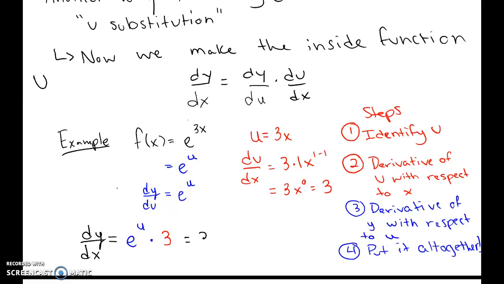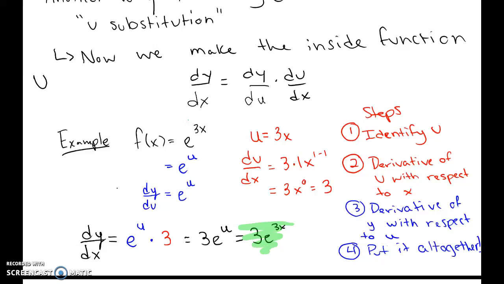Combining those two things that we know, we've got 3e to the u. Well, we don't want u, we want x. So we replace that u with what it is equal to, 3x, and this guy right here, that's our final answer.